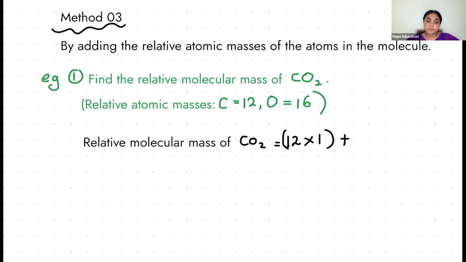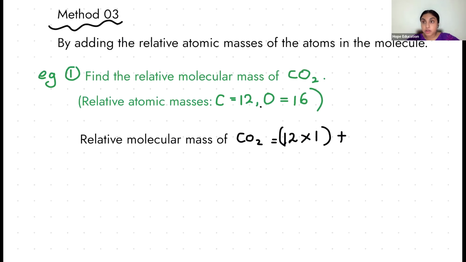Correct, 2. Right. The relative atomic mass of one oxygen atom is 16, and there are 2 oxygen atoms in this molecule. So 16 multiplied by 2. So 12 times 1 is 12. 16 times 2 is 32. 12 plus 32, we get the answer as 44.